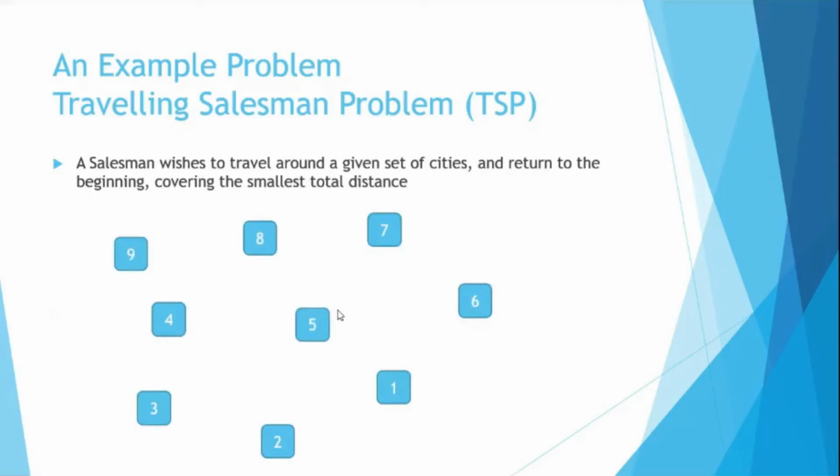So let us consider a condition where there are 9 different cities. The cities are named from 1 to 9. So these are the 9 cities.